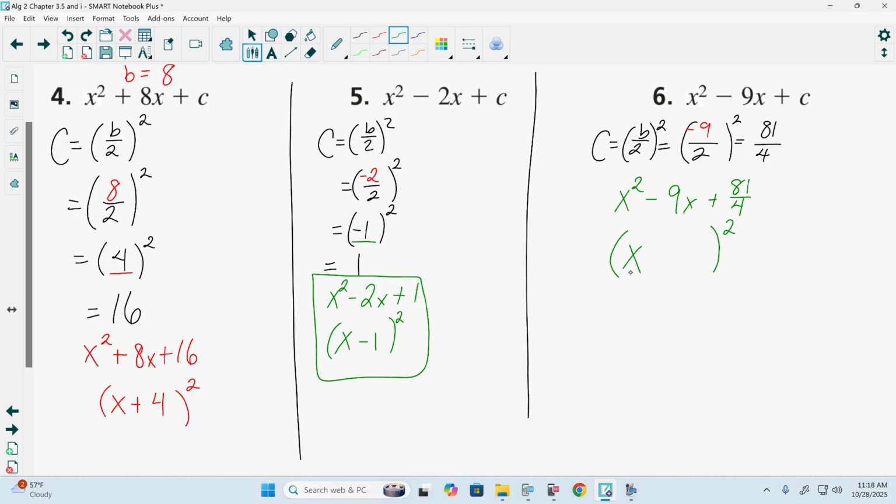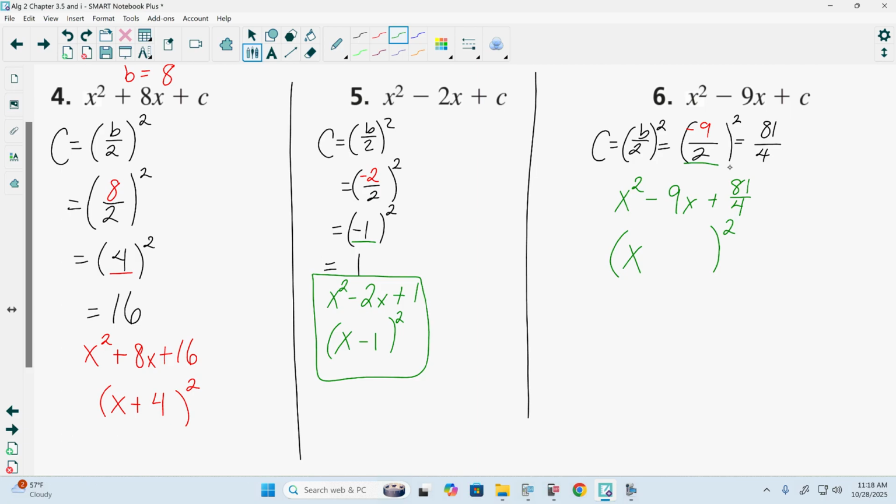Now, if we use the methods that we started this chapter with for factoring, this would be quite challenging because we're trying to find the factors of 81 fourths. We don't. Because again, as I've been saying, the number and sign that's going to go inside that parentheses when we factor it is the number and sign inside the parentheses before we squared it to find c, which is negative 9 halves.